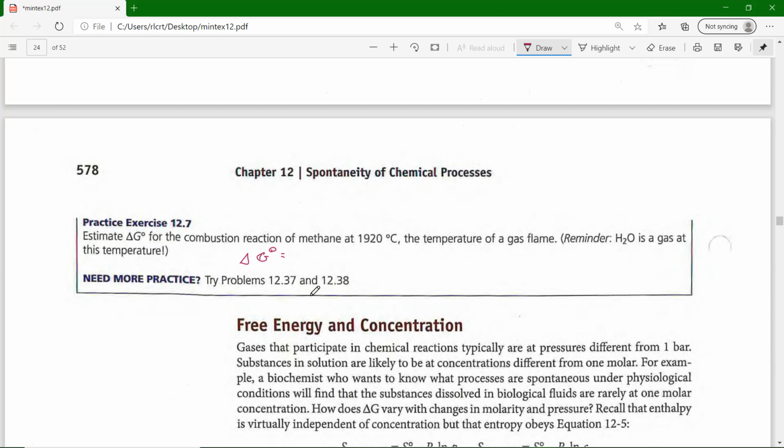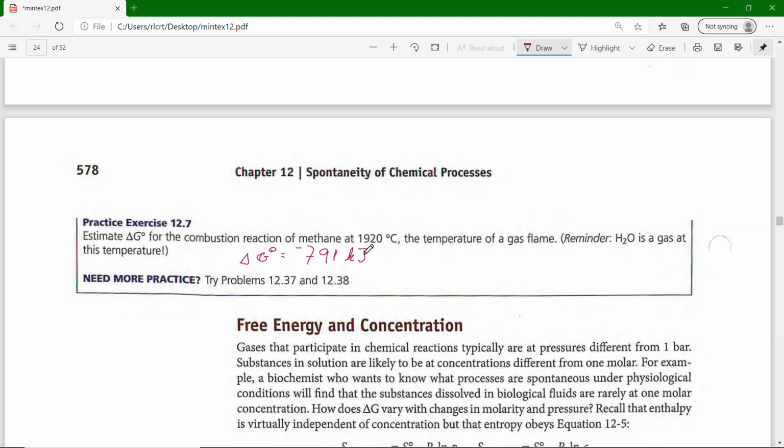So it's minus 791 kilojoules. Okay, so this methane combustion is still a spontaneous process, even at a high temperature like 1920. Now, if you go a heck of a lot higher, then it can change.